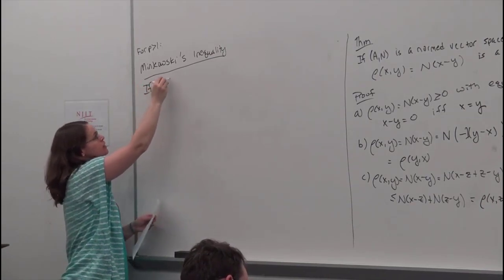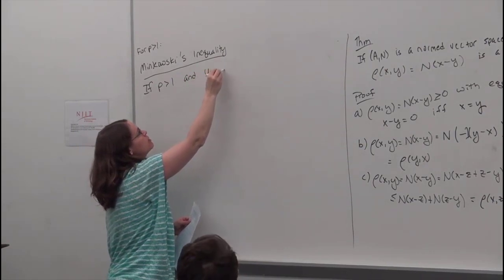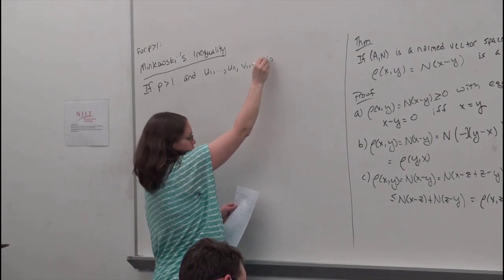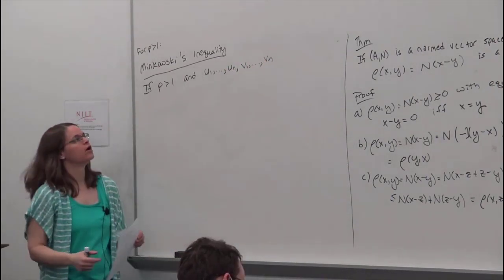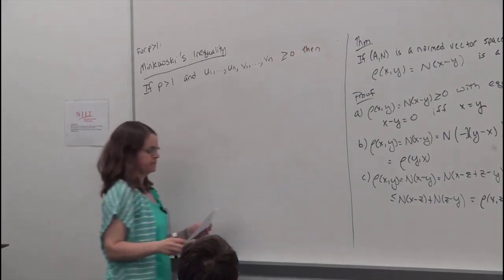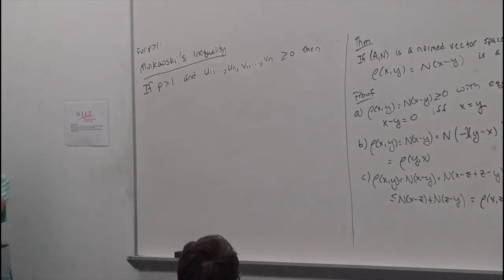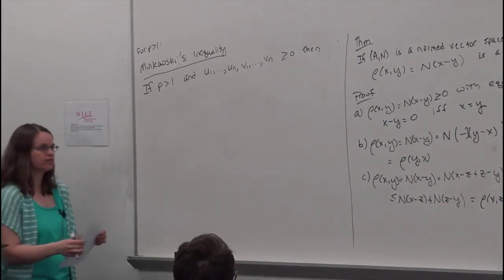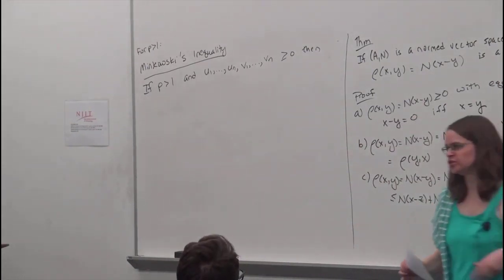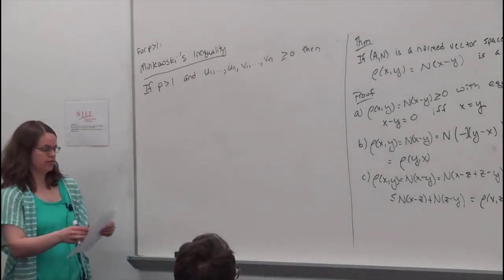If p is greater than 1, and we have all of these components U1 to Un, V1 to Vn, and these are all non-negative, okay, then if we write down the thing that looks like this, but now we do the p-norm version of it. We don't worry about absolute values because right now I'm just assuming that's positive.